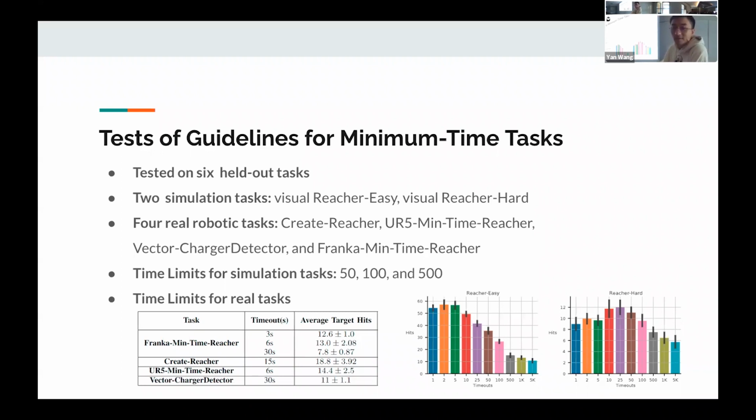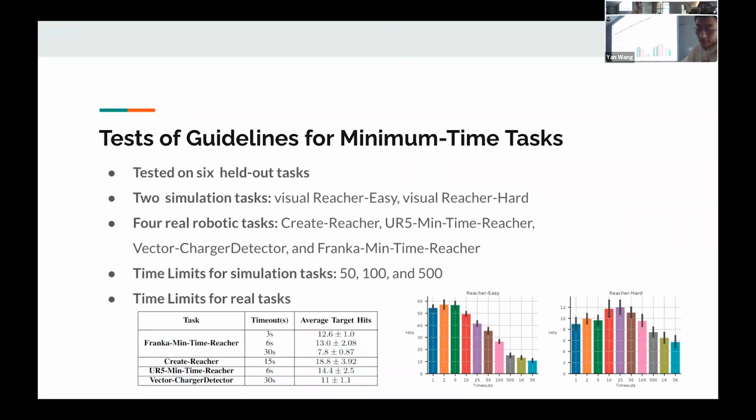Okay, so data collection on the real robot is time consuming. Hence, we only tested 3 time limits for the Franca mean time reacher, and heuristically chose one for the other tasks. The time limits chosen for each robot are summarized in this table. So they all have enough target hits.